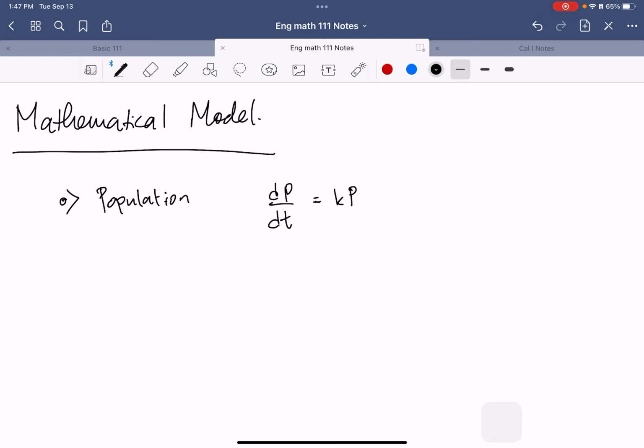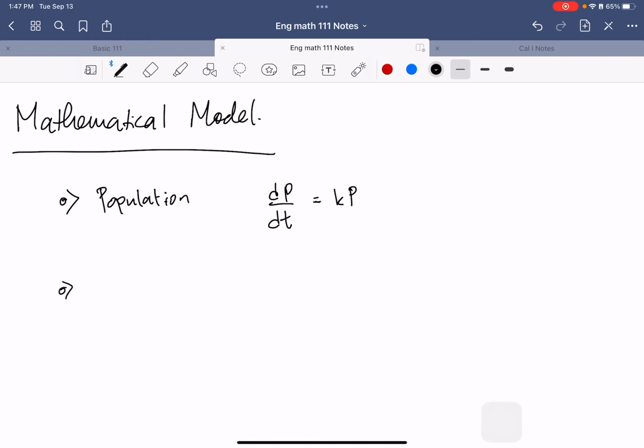It can depend on other factors as well. For example, the growth rate can be influenced by the environment, what happened during some period of time, et cetera.